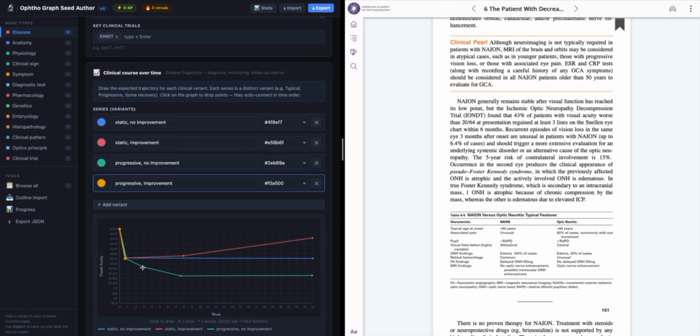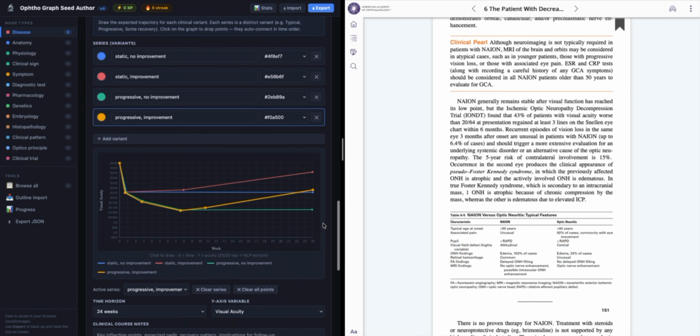So again, it kind of follows that same curve, but then over time may improve. 1, 2, 3. Okay? So that just kind of gives you a visualization of the clinical course.